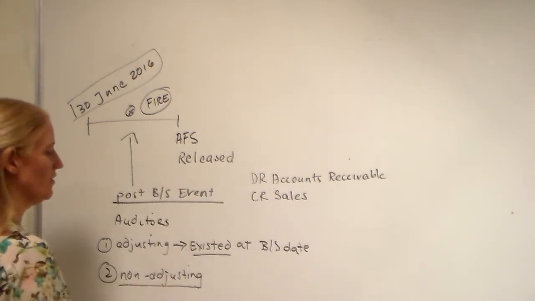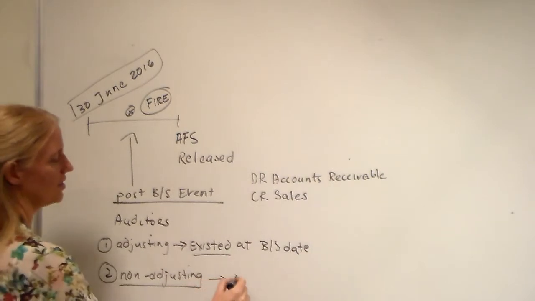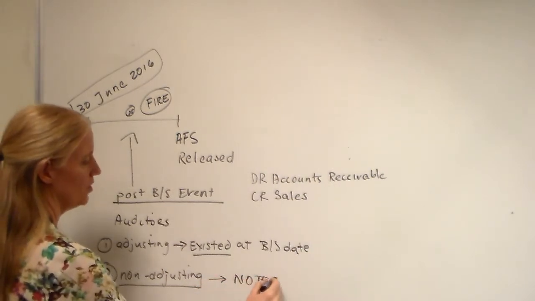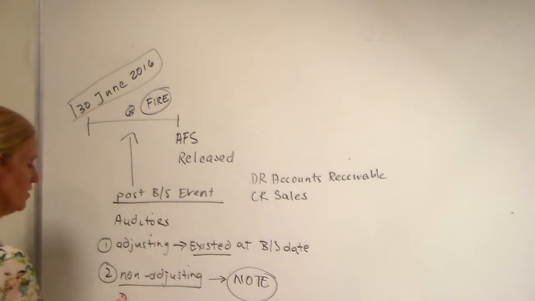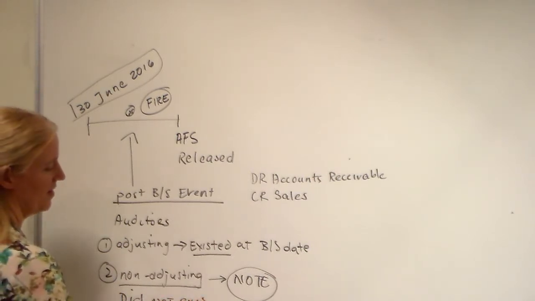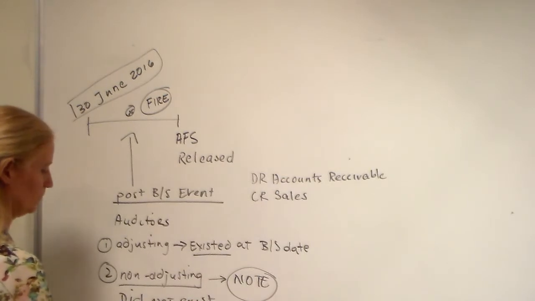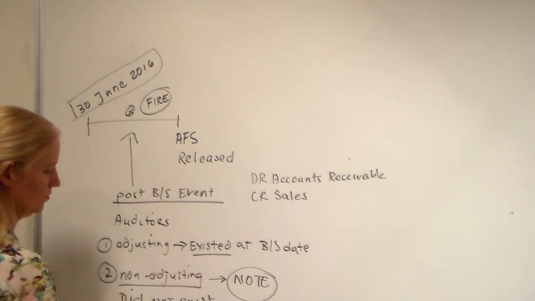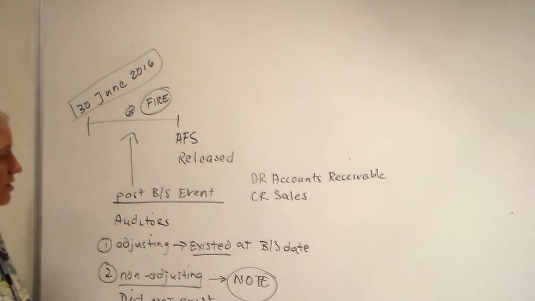So it's a non-adjusting event, and what we have to do in that situation is we have to actually draw up a note. It did not exist at balance sheet date. So we put in a note to the financial statements, and basically the reason why we put in a note to the financial statements is simply to inform the shareholders that there has been a fire.